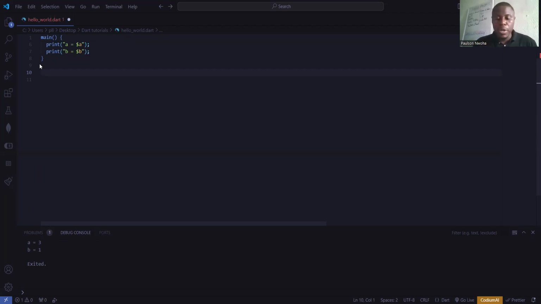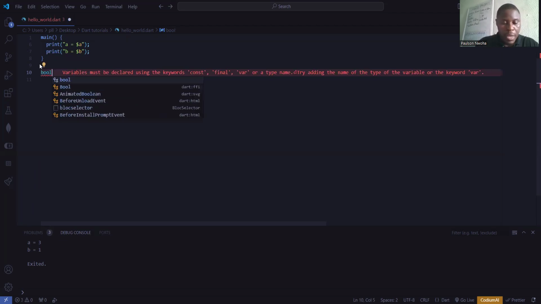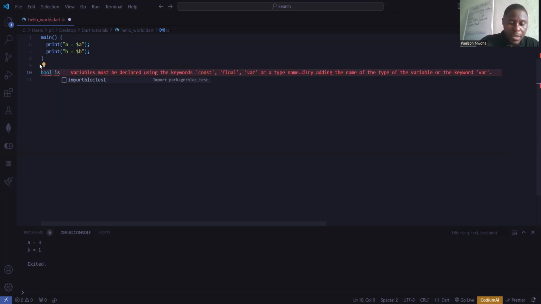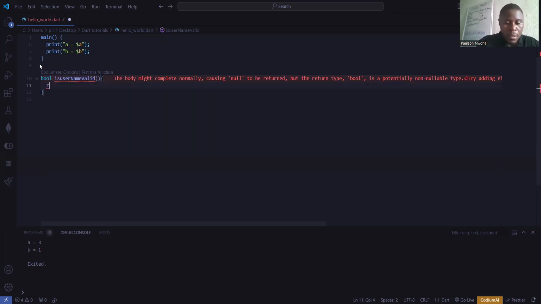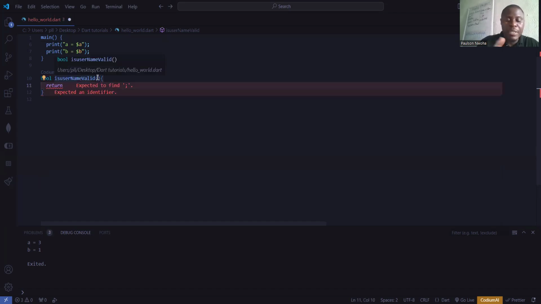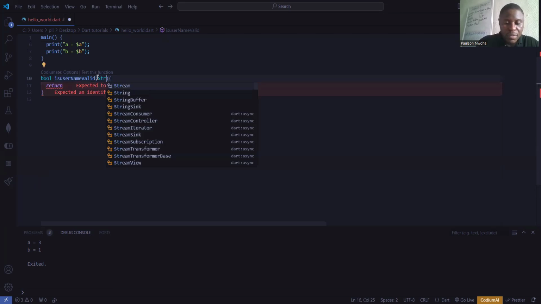Let me give us an example. Let's say I want a function that checks if the user's username is valid. I can write this function and say I am returning a bool, and I'll call it isUsernameValid. I should only use this function to check the username.